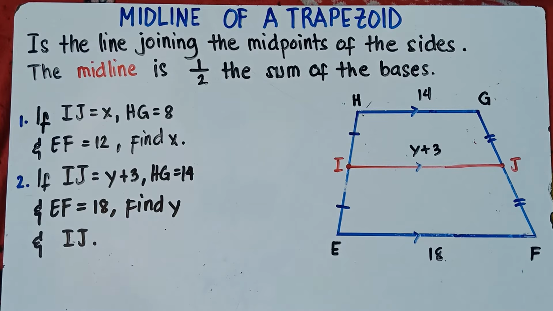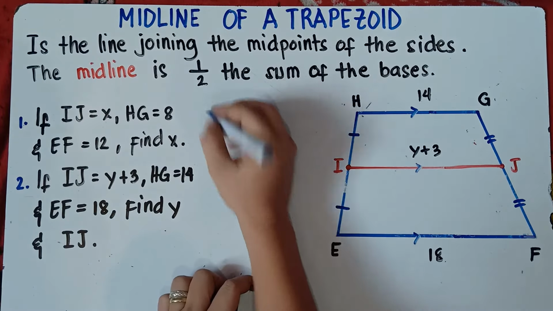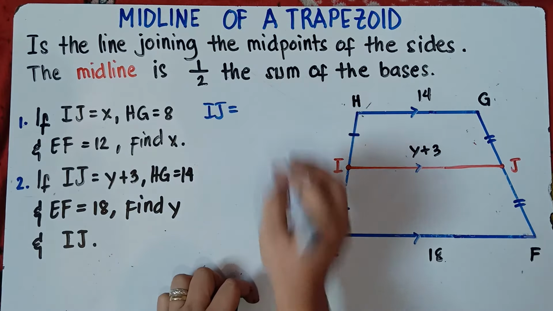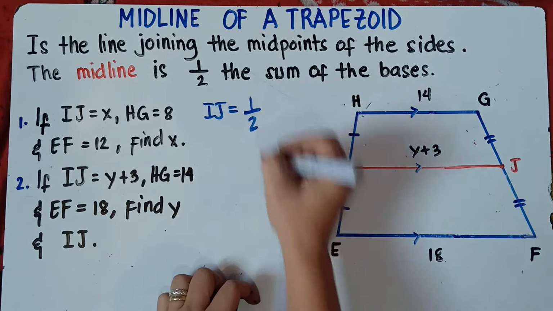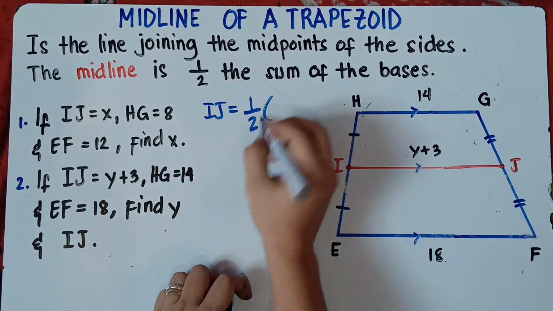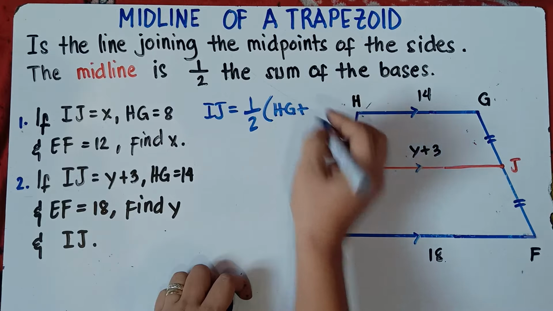Right, let's find Y. Once again, the formula: the midline, that is IJ, is equal to 1/2 the sum of the bases, so HG plus EF.